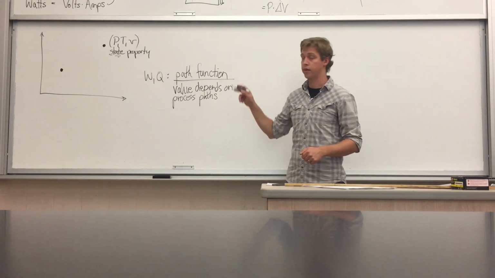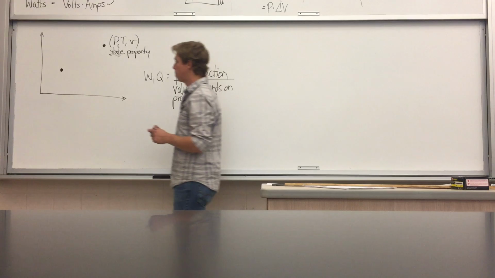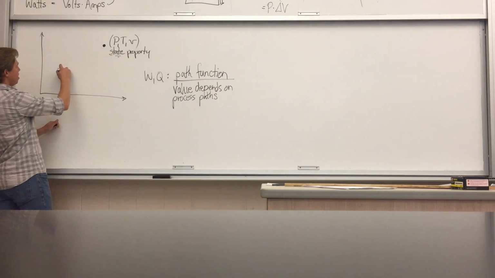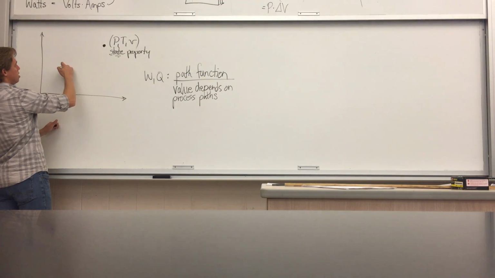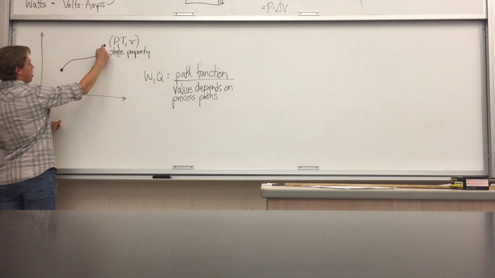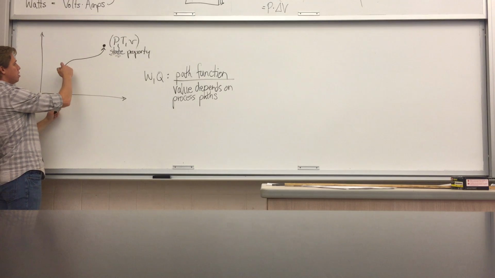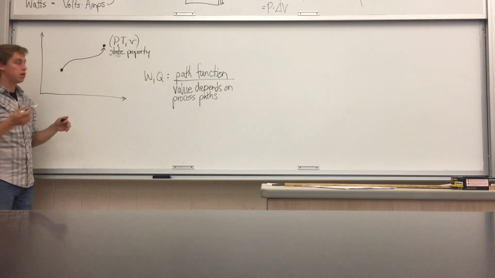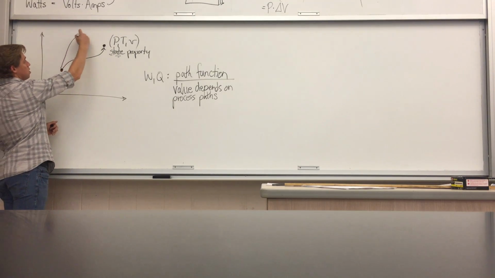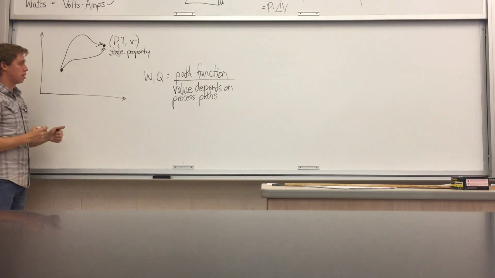So, on our diagram, let me show you what this means. If I go from this state to this state, like that, along this process, that's going to be a different amount of work and heat than if I were to go along this process.